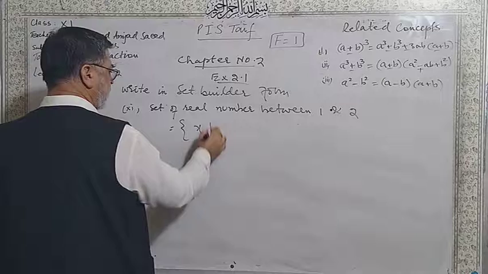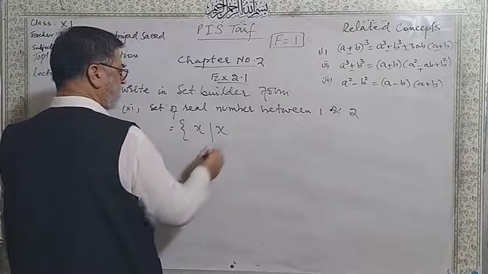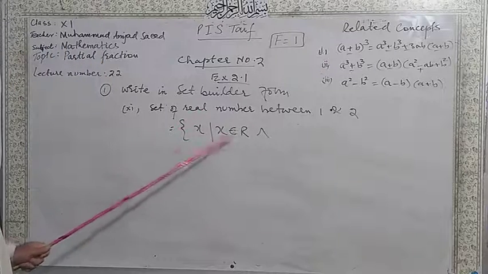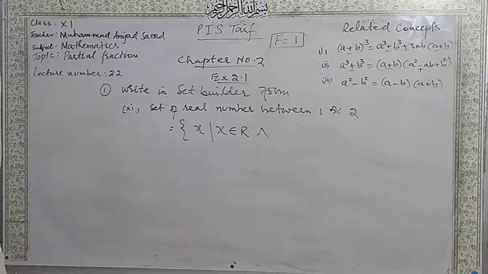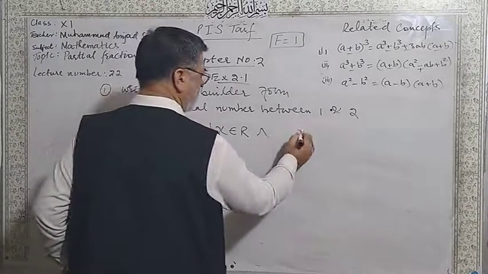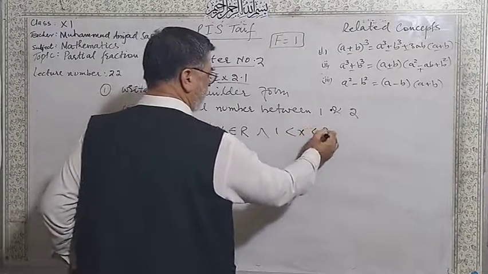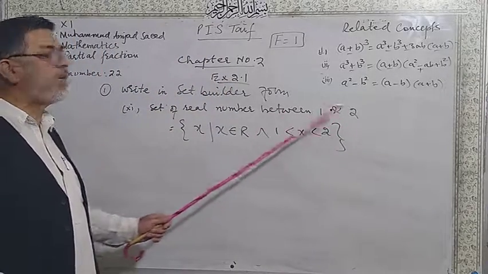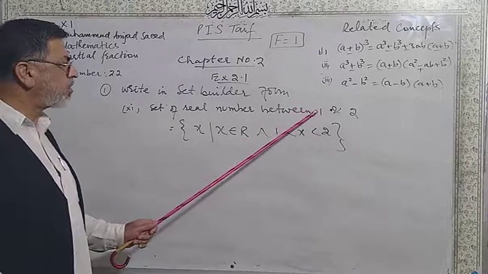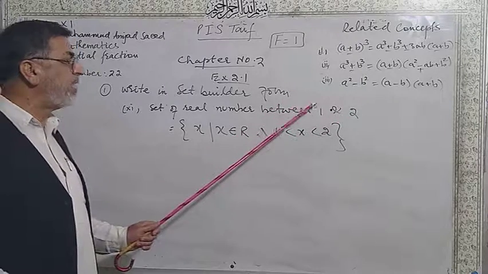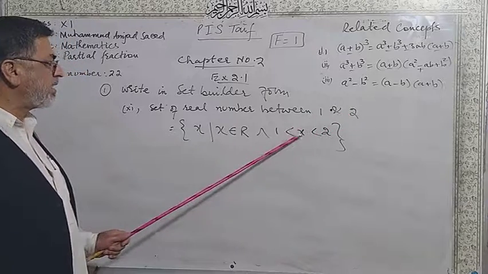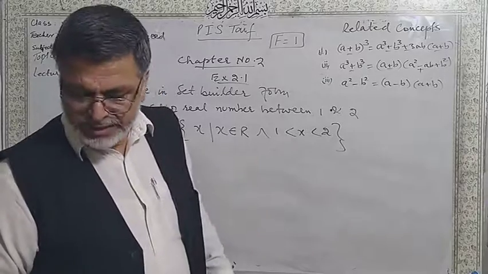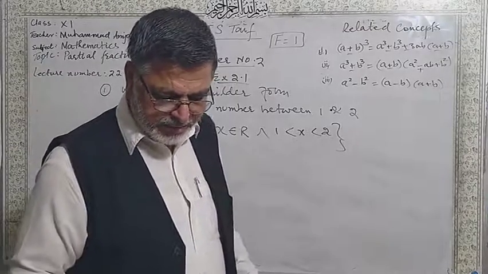This will be x such that x belongs to R and x is greater than 1 and less than 2. Remember that it is written between 1 and 2, it means 1 and 2 are not included. These corners are not included. So this is x is greater than 1 and less than 2. This is the way to write down this set in the set builder form.